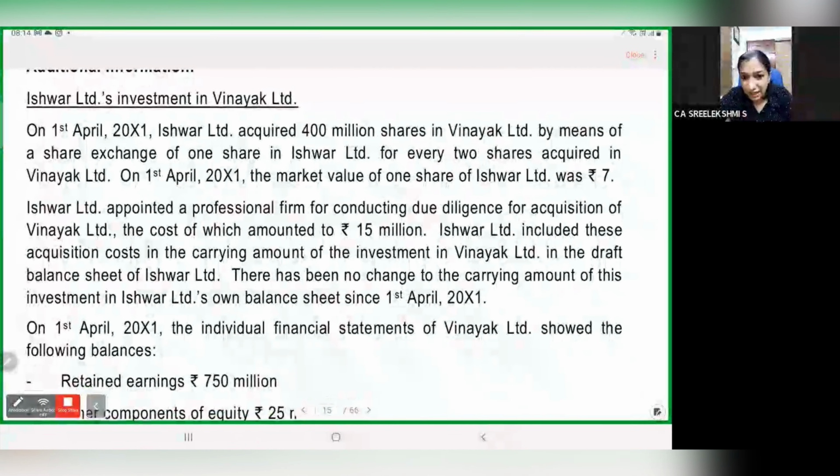So here itself we are calculating additional depreciation for building. How much is the additional depreciation for building? 150 million is the profit divided by 30 years.